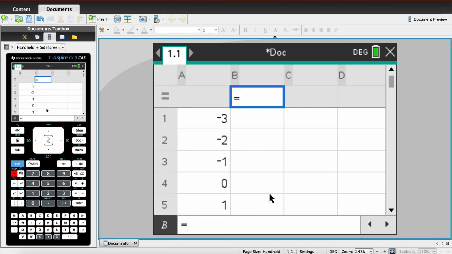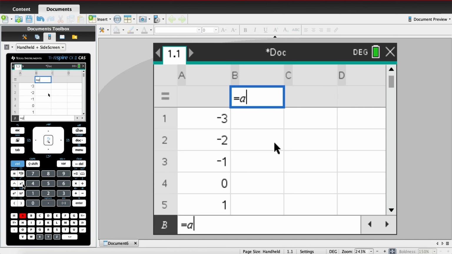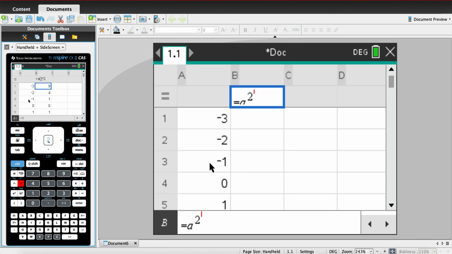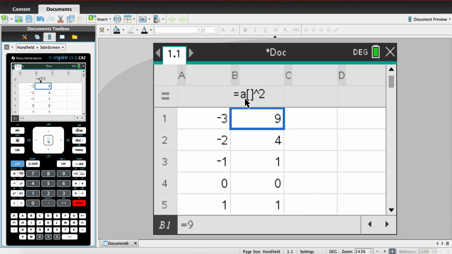You put equal, and because this column is called A, I'm going to say A squared, and press enter. It changes the formula to A with square brackets, and these square brackets represent that I'm referring to column A. You can see here that I'm getting all the values.